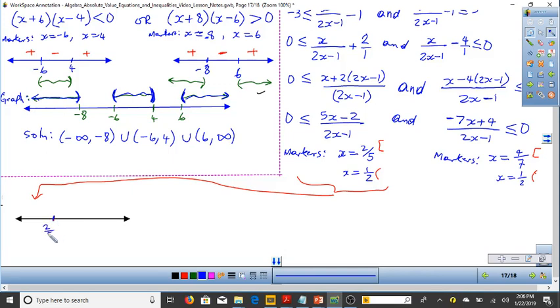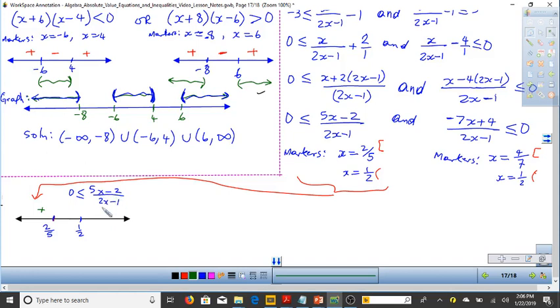You can check that in a calculator. And this is for the fraction 0 greater than or equal to 5x minus 2 over 2x minus 1. Now if I try a number to the left of 2/5 like 0, I get negative over negative, which will give me a positive. And if I try a number to the right of half like 1, I get 5 minus 2 over 2 minus 1, which is positive.